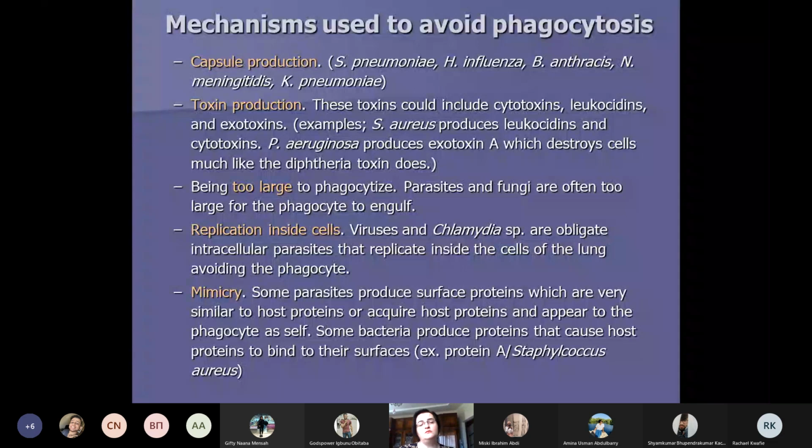Some parasites produce surface proteins which are very similar to host proteins or acquire host proteins and so appear as self to the phagocyte. Some bacteria produce proteins that cause host proteins to bind to their surfaces, again like Staphylococcus aureus.